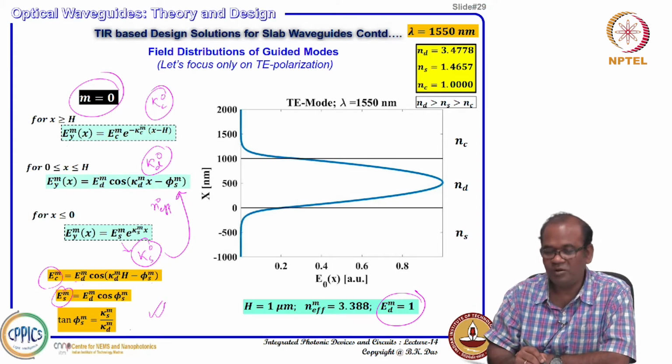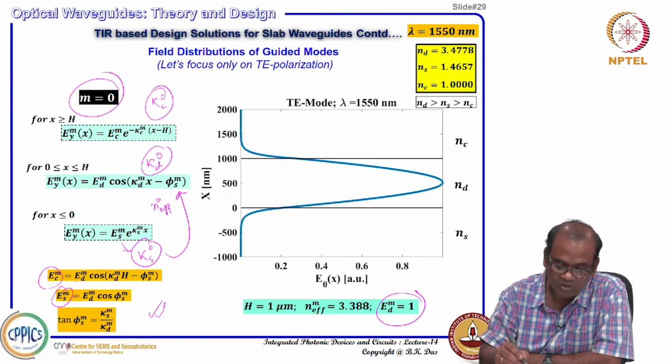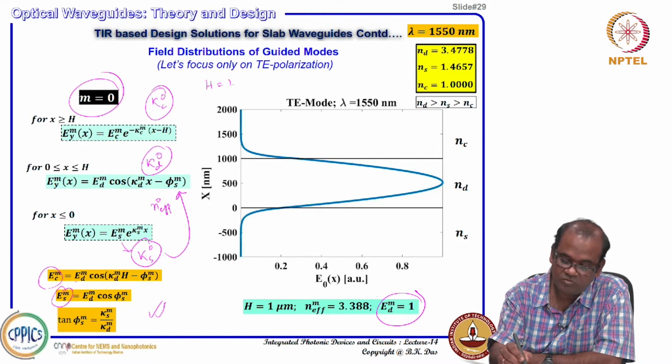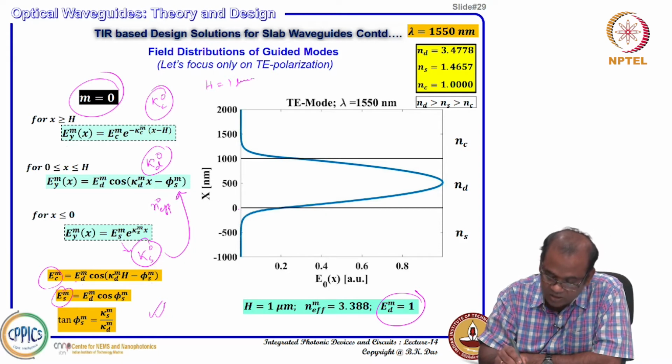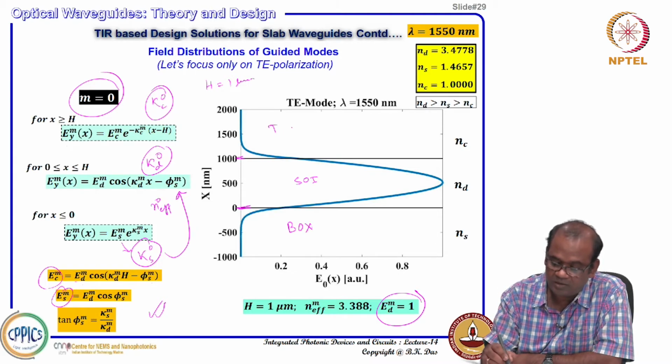So, I can plot in the core region, this is your core region. I am considering h equal to 1 micron, 1 micrometer thickness, as earlier. So, I start from 0 here. This is your device layer, the SOI silicon layer, this is your box layer, and this is your top cover layer.